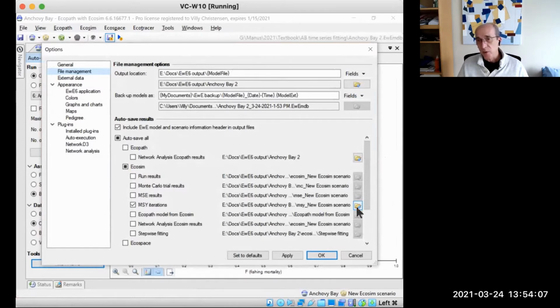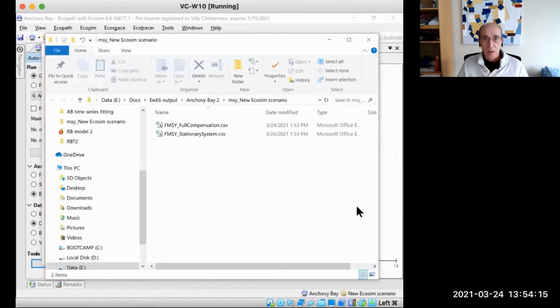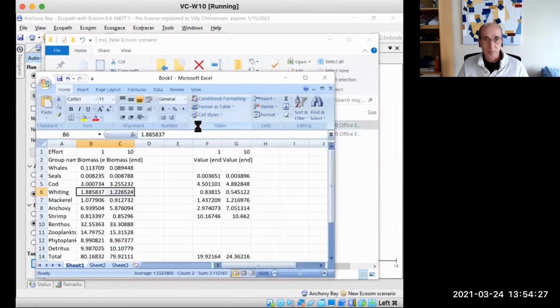I could be funny and just try to explain what a folder is, but I don't think that's necessary after all. Paper hasn't completely disappeared from our world. If I click that one, it would take me to where it would store something. And here there are two files, FMSY full compensation, FMSY stationary system. So we can look at one of these.